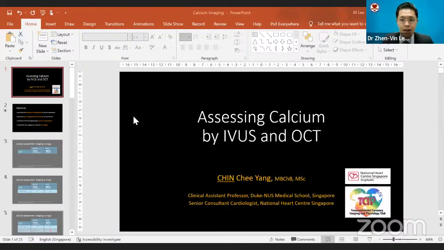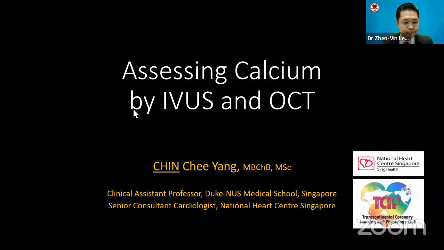He also has a special passion in teaching and is very active in medical education. So Chiang, would you like to kindly present your talk titled Assessing Calcium by IVUS and OCT? The time is yours.